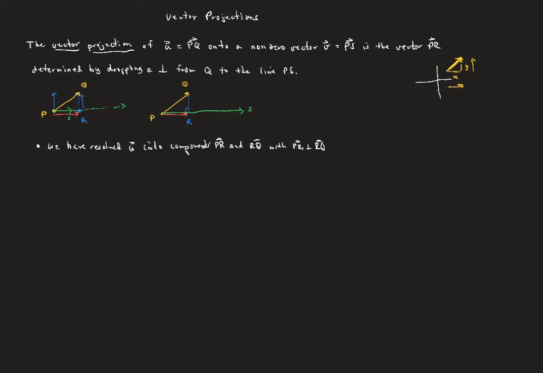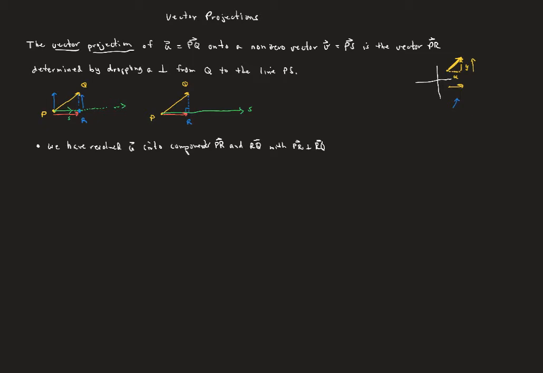Then the red part is how much of our vector PQ is going in the direction of PS, and the blue vector is how much is going perpendicular to that, much in the way that we have seen when we resolve a vector into its x and y components. So that's one thing that we can get.